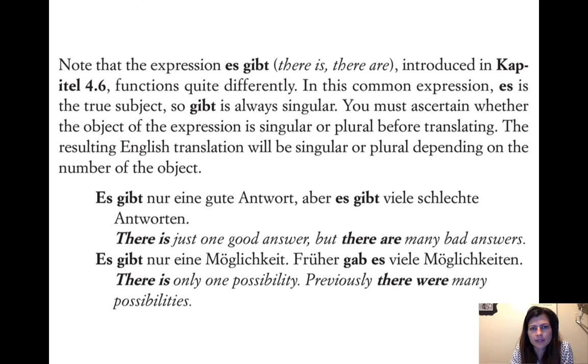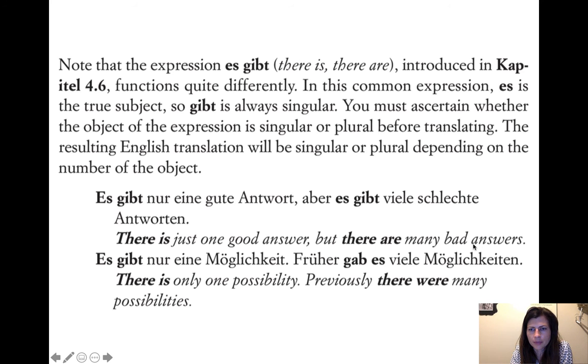So es gibt is conjugated for es, and es is the subject. And it doesn't matter if the thing after it is plural, it's still going to be es gibt, because es is really the subject here. Es gibt nur eine gute Antwort. There is just one good answer. Aber es gibt viele schlechte Antworten.